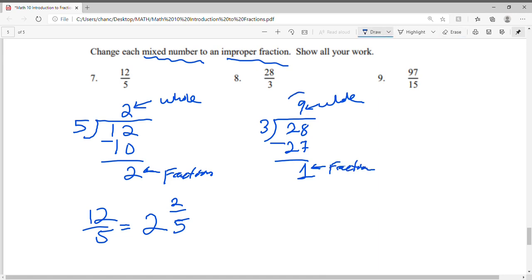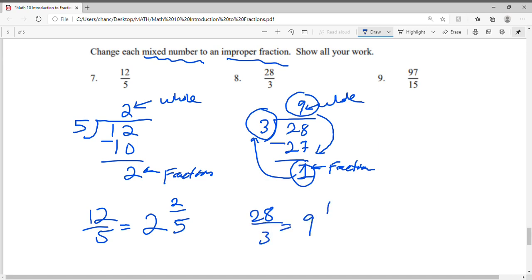I can actually go in a clockwise fashion and write down my mixed number. 28 over 3 is 9 and 1/3. So that's a good way to teach students. You can say this is 9 and 1/3 by going clockwise. Same thing for number 7. It's the same process. We can say this is 2 and 2/5.